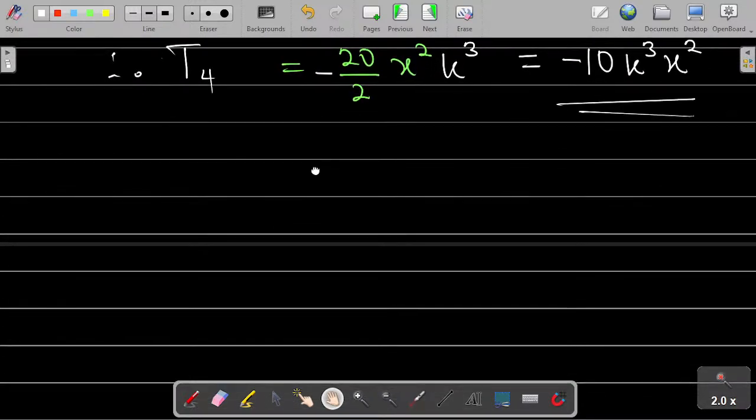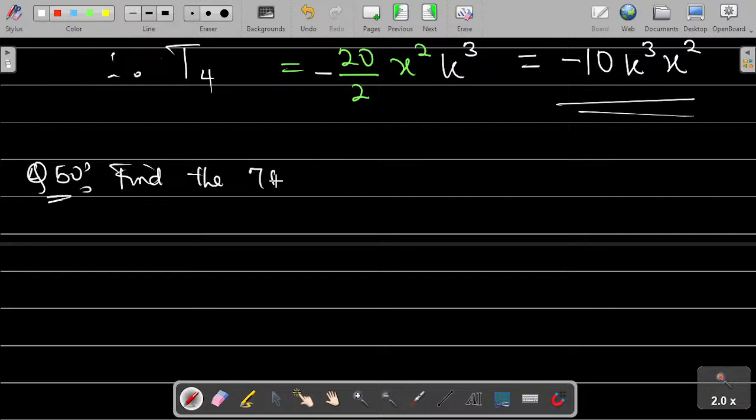And we move over to number 50. Question 50, like I said, happens to be the last question on our binomial expansion. It says find the seventh term. So it looks like number 49 as well.